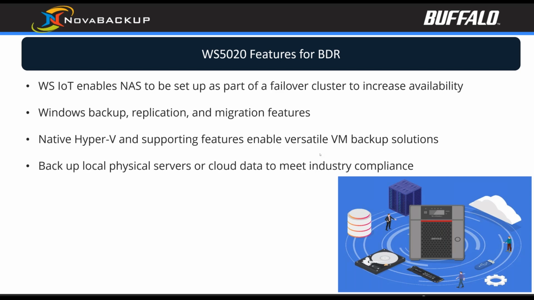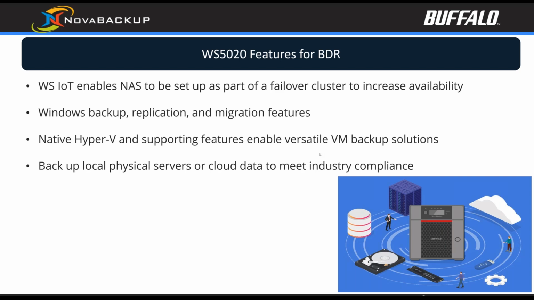Basically, we're backing up our virtual machines onto a local server, and then we're backing up copies of that virtual machine to an offsite Windows Server IoT NAS using WAN acceleration to reduce data transfers in between. We're using that as an extra offsite backup for redundancy.